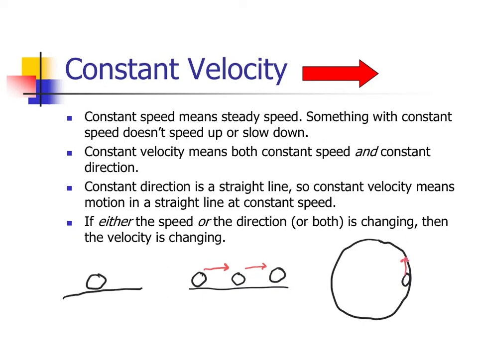If I have a ball inside of a circle, at 1 second it's there. 1 second later, is the ball going to be in the same spot or on the straight line? No, 1 second later, that ball's there.